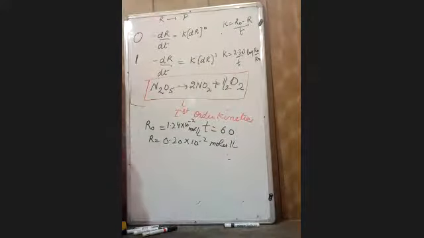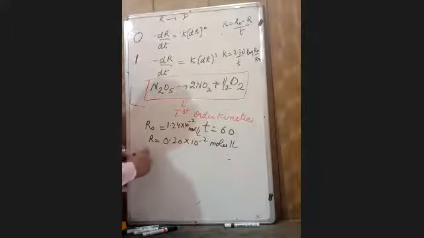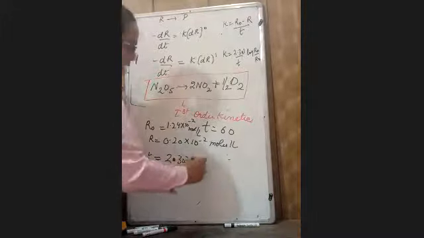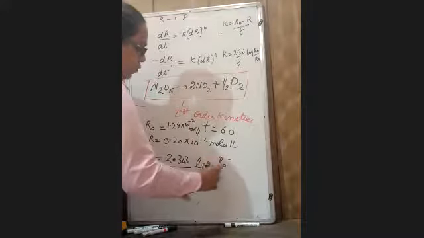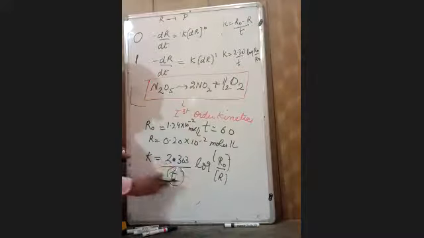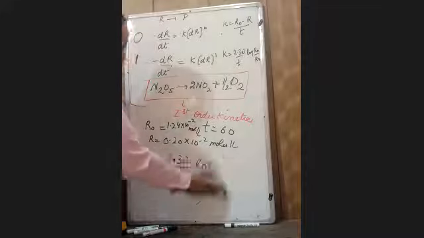You know, it follows first order kinetics. So what will be the formula? You have to calculate k. It will be 2.303 over t log R naught over R. t is given to us as 60.